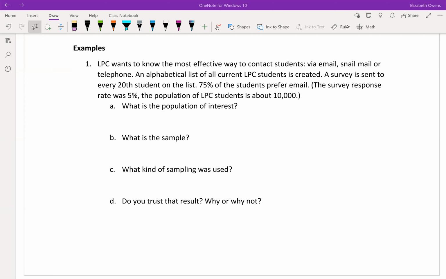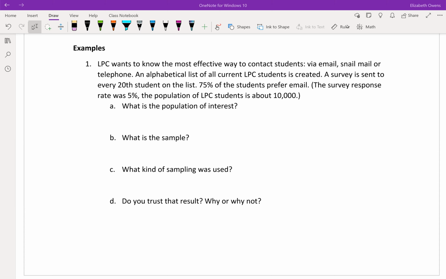Some examples, we'll look at a study problem and then some different sampling ideas and see if we can classify them. So for this first example, we're doing a study here. Las Positas College wants to know the most effective way to contact students via email, snail mail, or telephone.